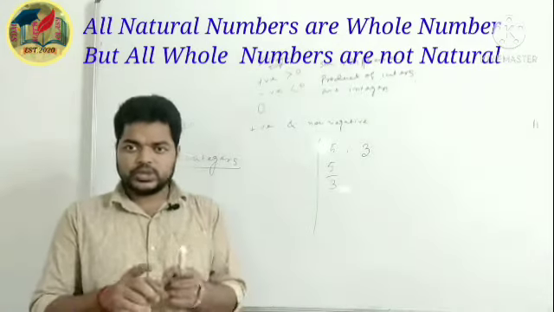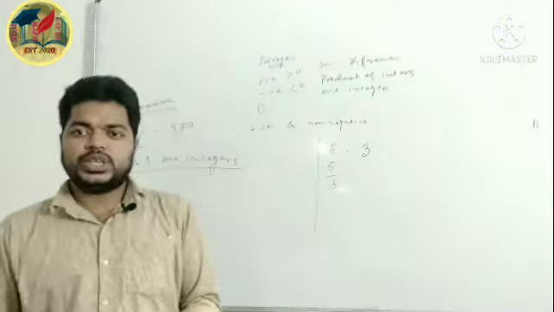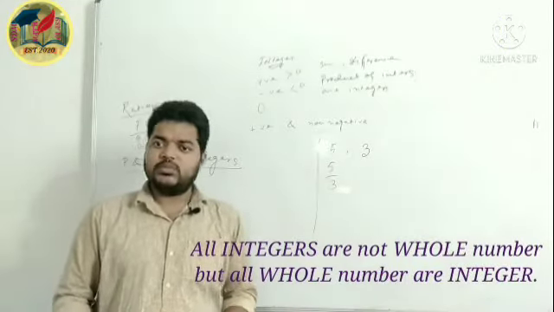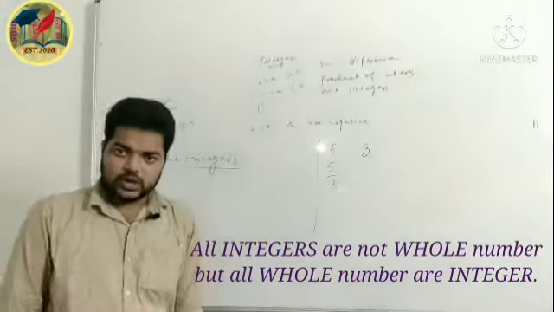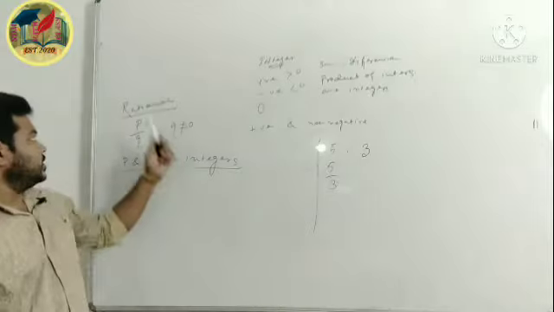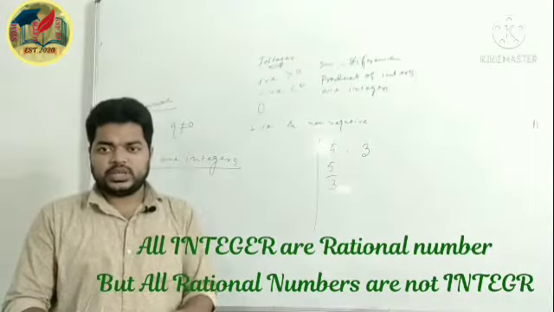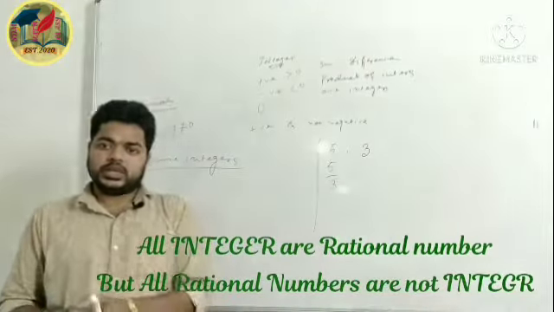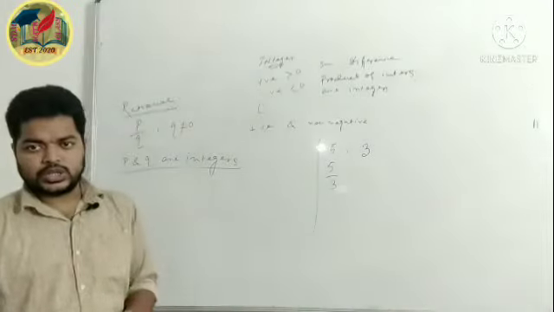And when we compare whole numbers and integers, we see that all integers are not whole numbers, but all whole numbers are integers. Now we compare rational numbers and integers. All integers are rational numbers, but all rational numbers are not integers.